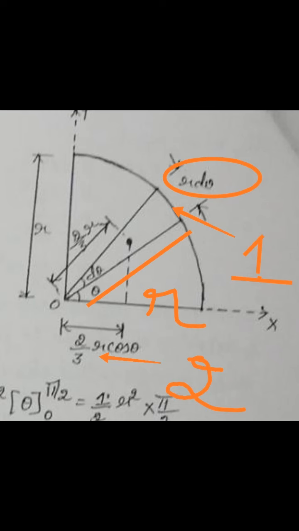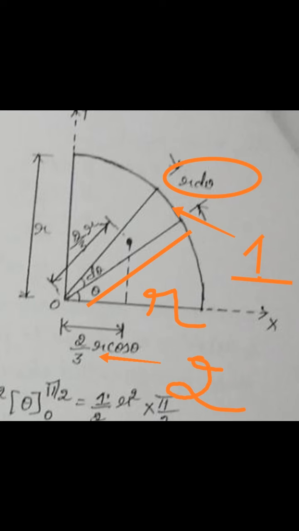That's what I have written at the top. That is for the radial distance. But for the x-axis, it is two-third of r into cos theta. So the x distance from the origin to the centroidal point is two-third of r cos theta, and the y distance will be two-third of r sin theta.